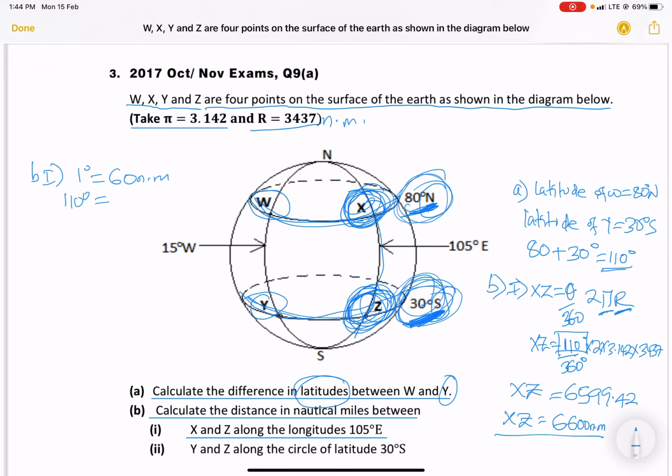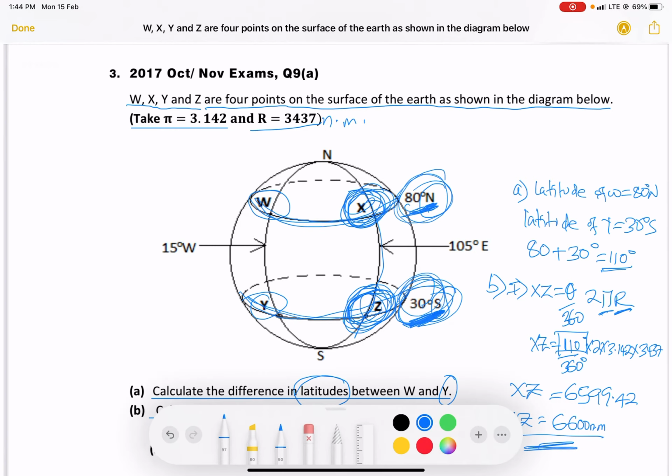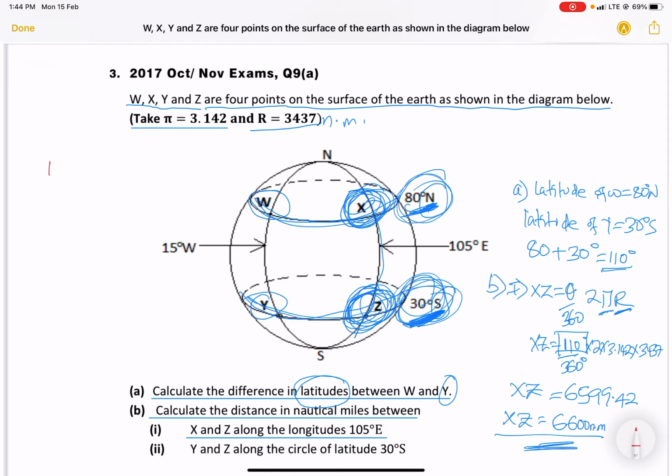Let us go to number 2, and allow me to erase that so that we can have space. We can use red.